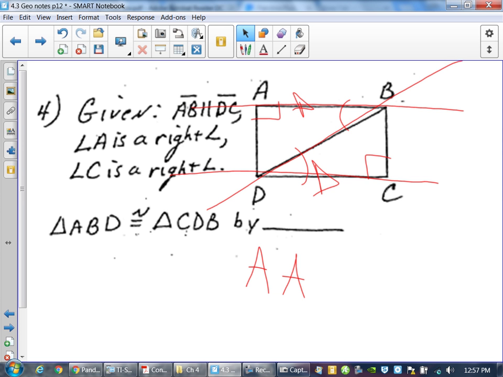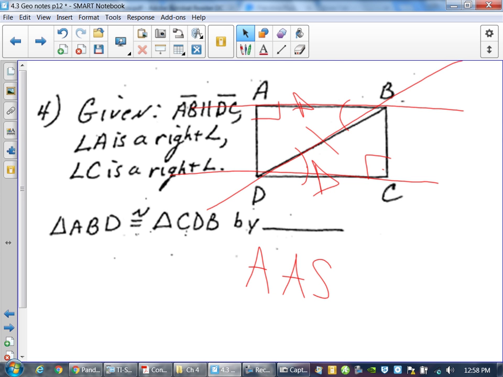Follow it. Angle, angle, reflexive side. You guys have to be able to mark the diagrams and follow letters. That's all I'm asking you to do. You have to be able to look at angles and tick marks and follow letters. That's all this is. All the answers about how you mark your diagrams are on your progression sheets. It's a matter of reading a definition.